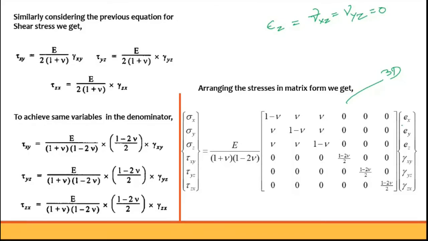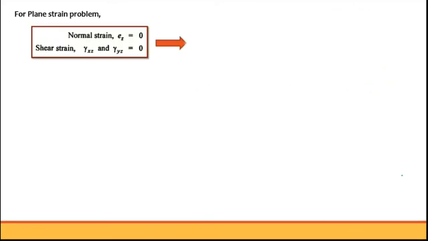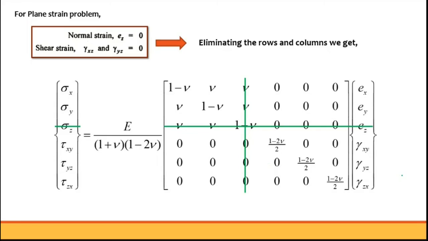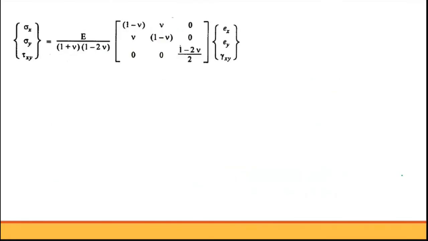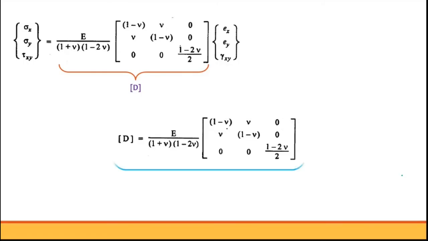In that case, this is 0, this is also 0. So I can eliminate those rows and columns accordingly. What are the remaining terms? That is my matrix. This is my D matrix for a plane strain condition.